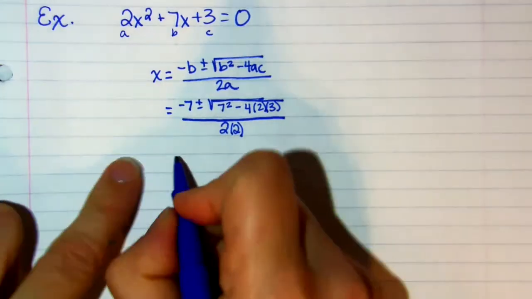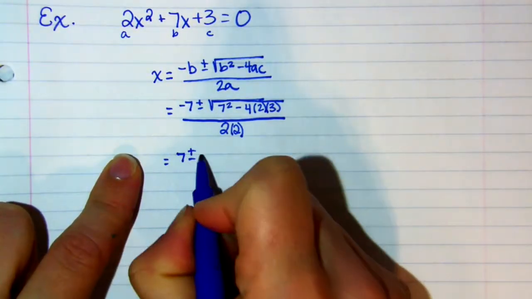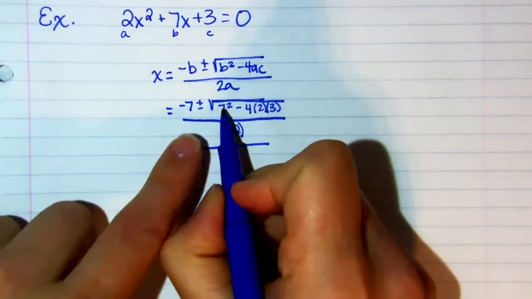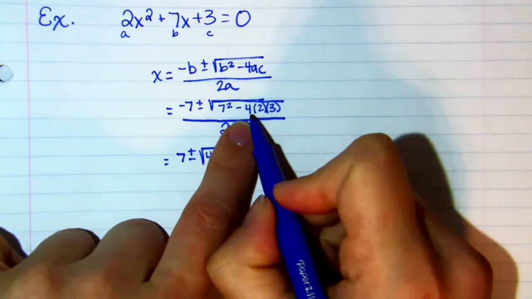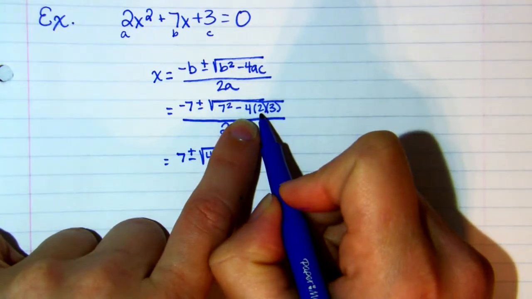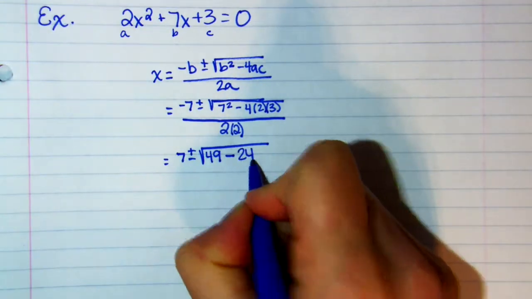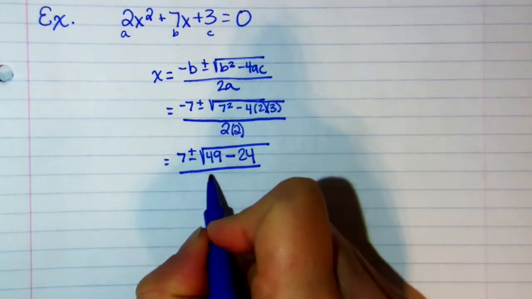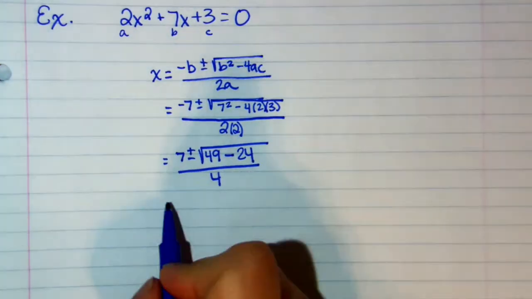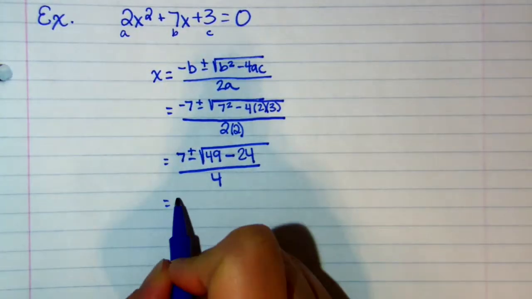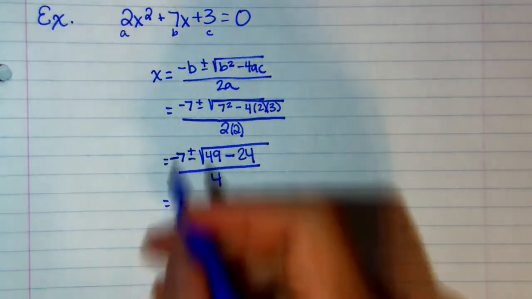So I'm going to leave the negative 7 plus or minus square root. 7 squared is 49. 4 times 2 is 8, times 3 is 24. And all of that is over 2 times 2, which is 4. And then from here, oh, I forgot my negative sign. See? All sorts of places you can make mistakes.